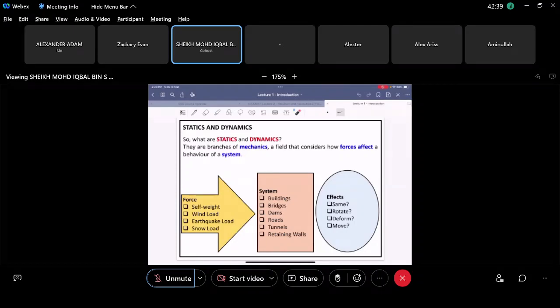All this 14-week lecture is just to observe a system when we apply forces to it. Of course, when you apply forces to something, it will react, it will behave. For statics, it will not move. For dynamics, after we apply the force, it's going to be moving. So force is applied to a system, and then we observe the behavior of the system, right?